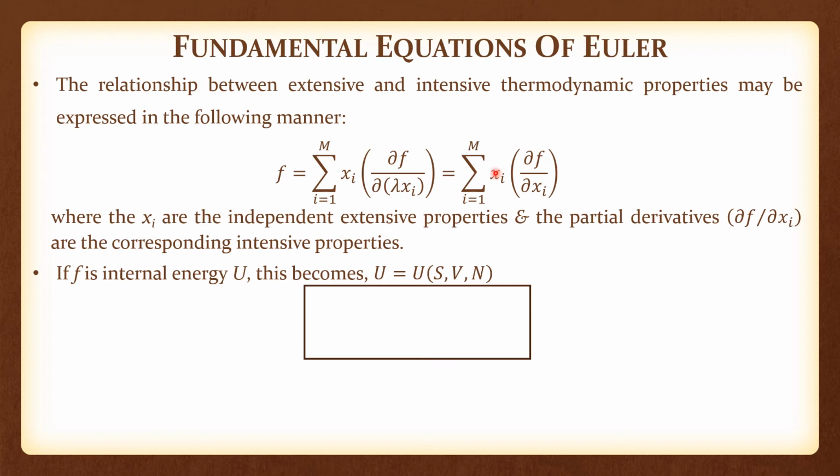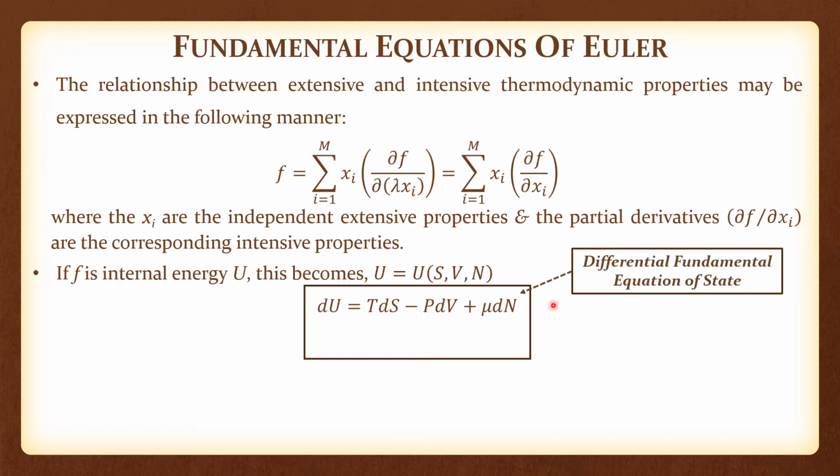So we just have S times ∂U/∂S, plus V times ∂U/∂V, plus N times ∂U/∂N, and that is U. That is the absolute value of the integral value of the internal energy. We start with the differential version of this equation, dU, which is just from the chain rule, right? TdS minus PdV plus mu dN.